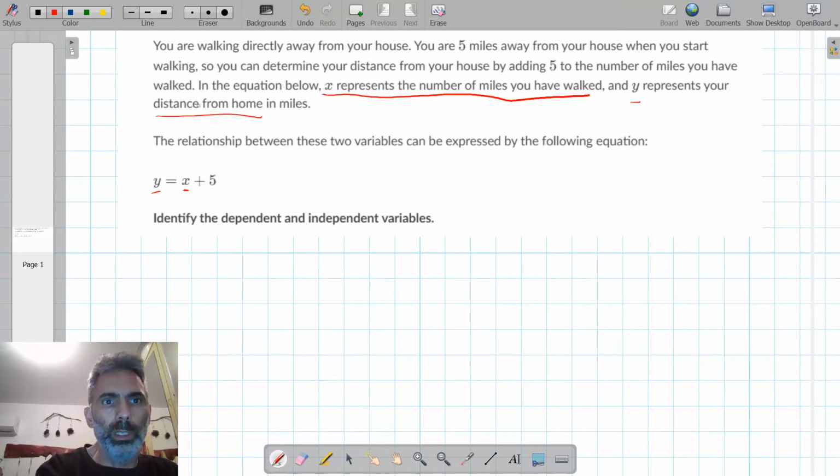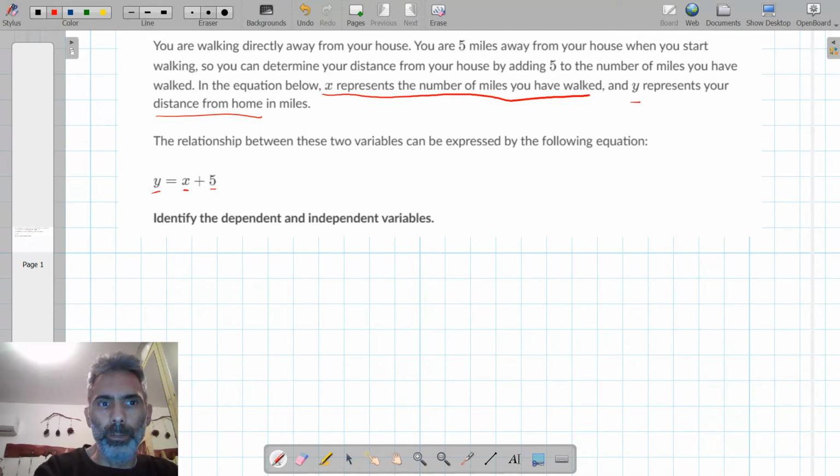Okay, so the distance from your home is dependent on the number of miles you have walked, plus 5. 5 is the initial distance, the 5 miles, and x is the number of miles.